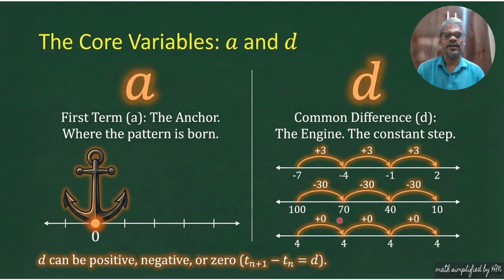So 100 minus 30 gives 70, 70 minus 30 gives 40, 40 minus 30 gives 10, 10 minus 30 gives minus 20, and so on. Another example, a series of only 4, 4, 4, has a difference of 0. So D can be positive, negative, or 0. That means Tn plus 1 minus Tn is equal to D.